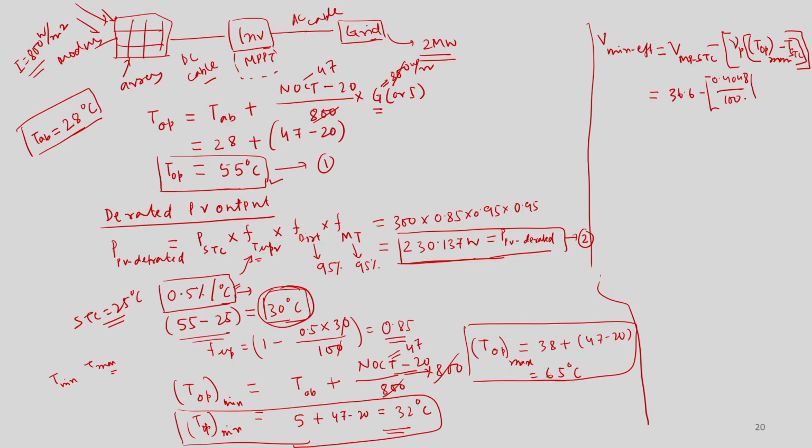T operating maximum is 65, and 65 minus T STC, which is always 25. If we substitute these values, we will get a value of 36.43 volt. This is V minimum effective.